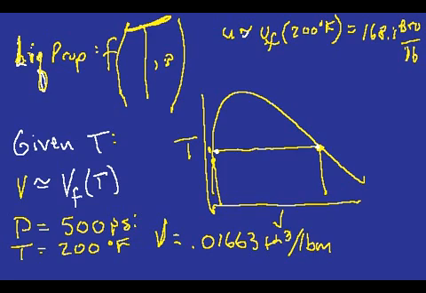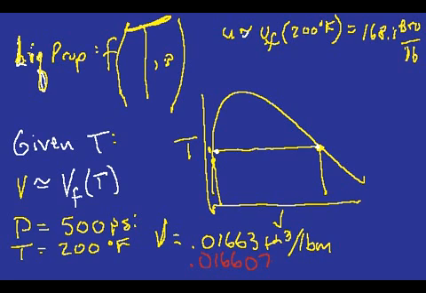Now if you go to your compressed liquid tables at 500 psi, because we do have them at 500 psi, flip a few pages and you'll find the compressed liquid water table, and you'll see that the actual volume of the water, including the effect of pressure there, is 0.16607 feet cubed per pound mass.